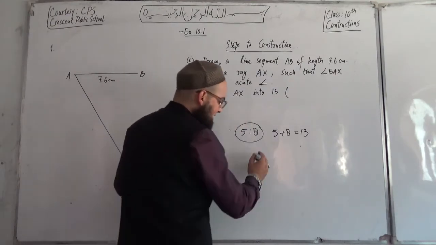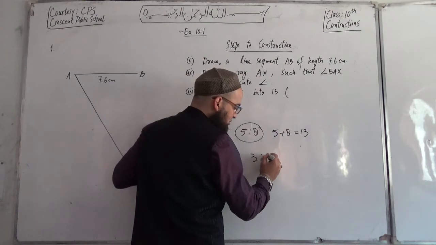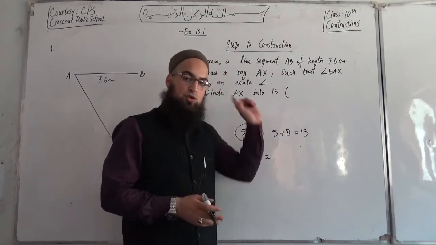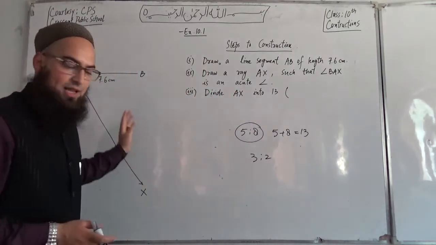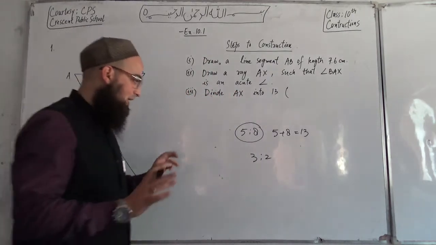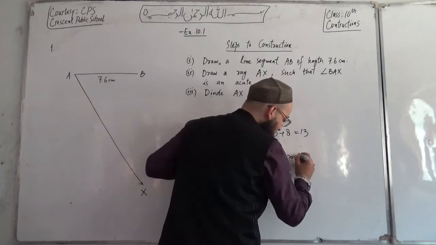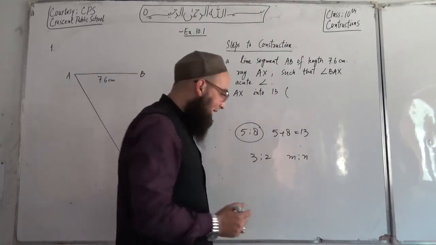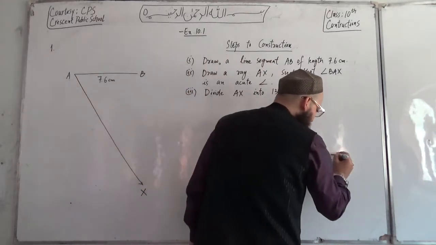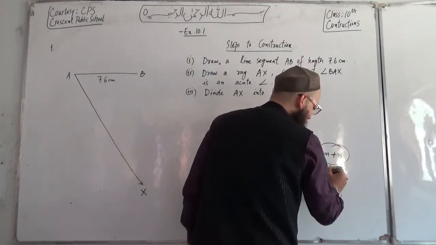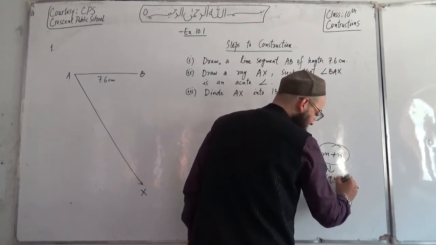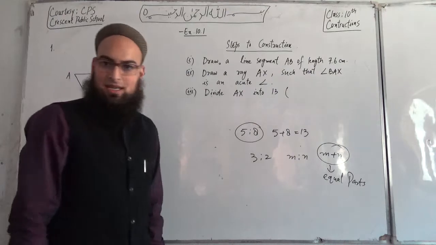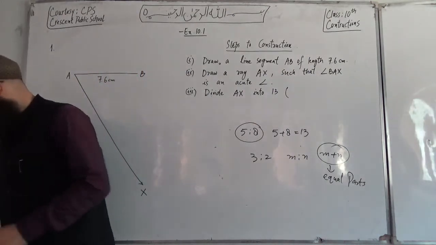Had it been the case the ratio is 3:2, suppose, then you do 3 plus 2, that is 5, so you divide AX, that ray, into 5 equal parts. So in general, if your required ratio of line segment is m:n, that means you do m plus n equal parts.